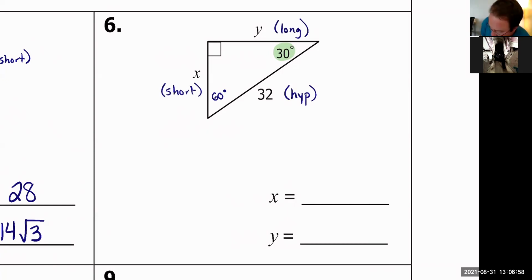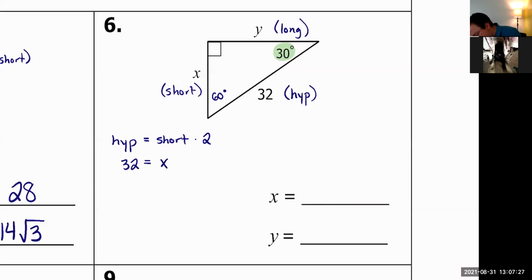Now, this one's a little bit different because if you think about it, we don't know the shorter leg, and that's what everything has been based off of. But what I can do off to the side here is remind myself that the hypotenuse equals the short leg times 2. Do I know the hypotenuse? Yes, 32. What's my short leg?